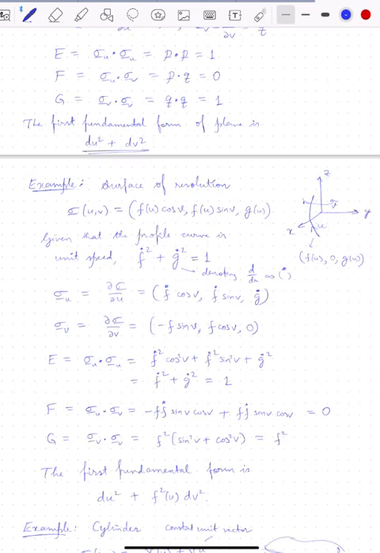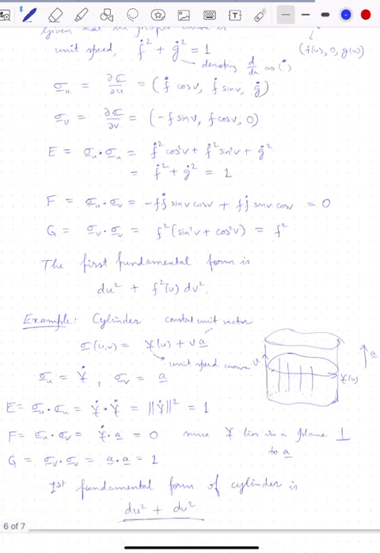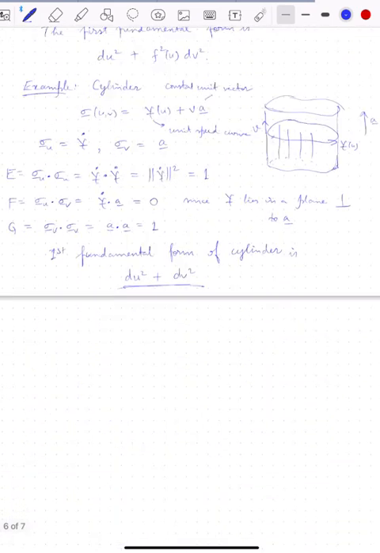For any curve in the plane, when we roll the plane into a cylinder, the length of the curve remains as it is, and that reveals the same fundamental form for the cylinder as well.